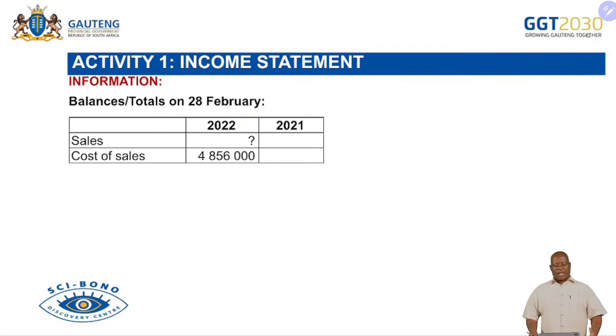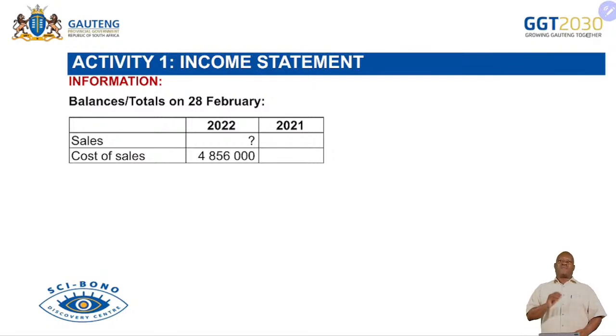So the first one that we are given is the information. This is coming from totals that we are given. The totals or balances that we have on 28 February include sales, but there is no figure for sales. There's a question mark there. What does that mean? We are going to find it.